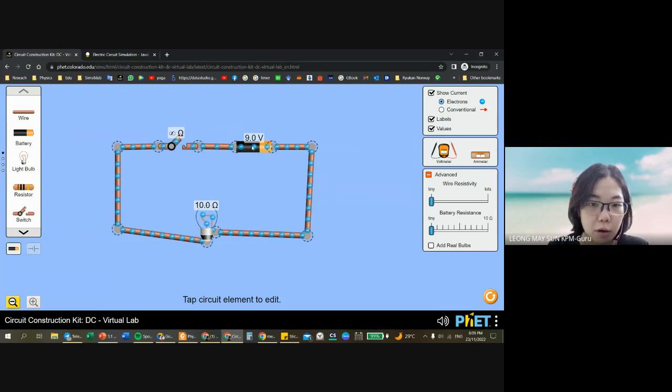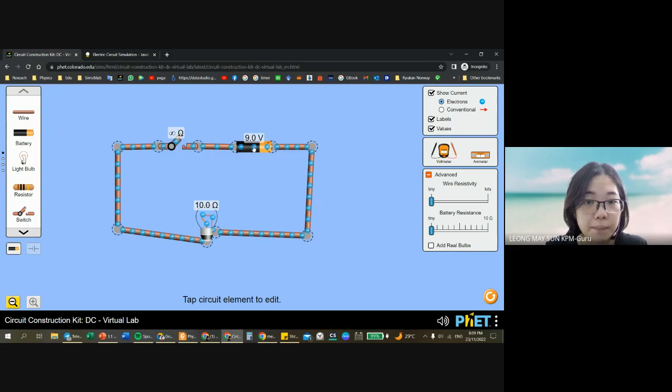So when the switch is off, the value of potential difference coming out, in your terms is known as voltage that you learned previously. But in physics we call it potential difference. I'm going to use voltage for the moment because I haven't introduced the word potential difference yet.